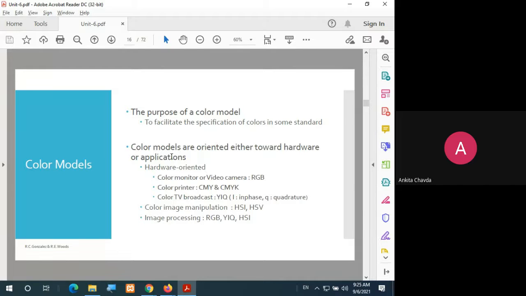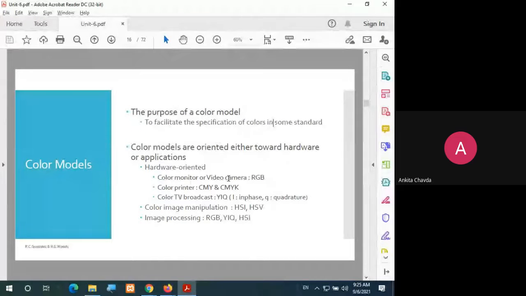So what will be there in the color models? The purpose of a color model is to facilitate the specification of colors in some standard way. Color models are oriented either towards hardware or applications, because whichever color model is suitable will be used in that particular hardware.